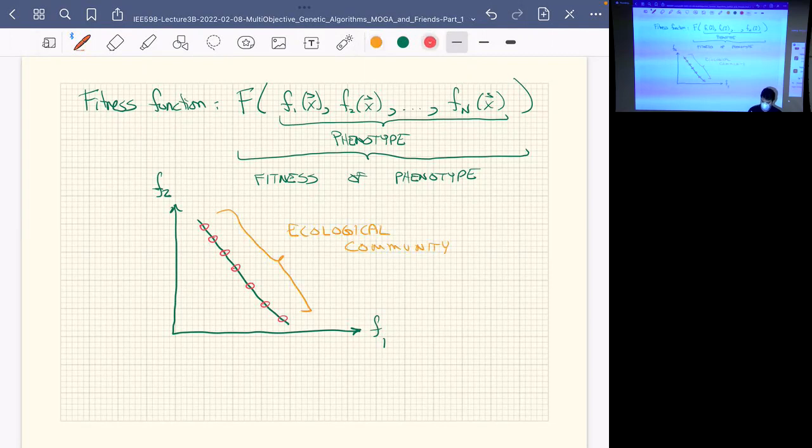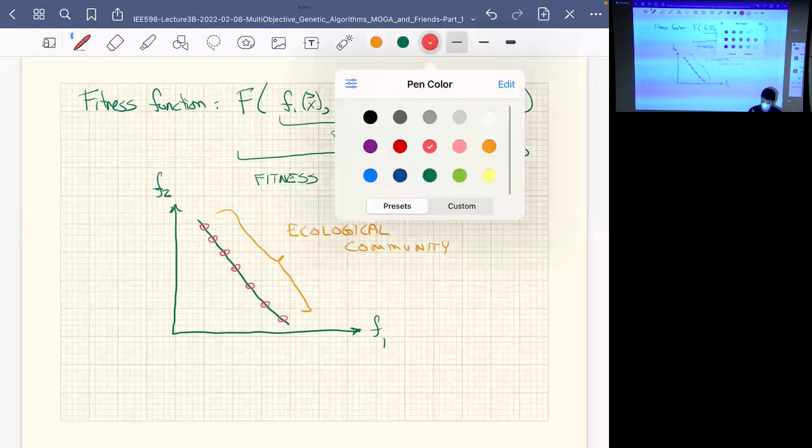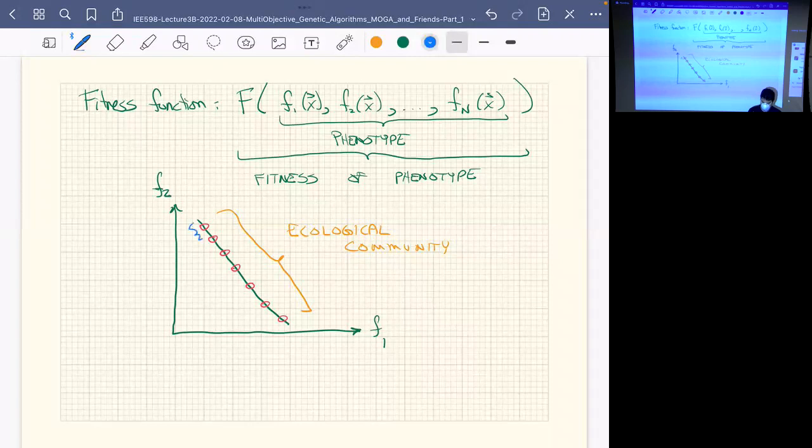And each one of these spaces will be a niche. So in ecology, if two species fill the exact same niche, the one that is slightly more efficient will take over that niche and crowd out that other species.